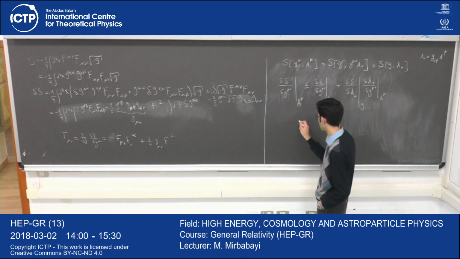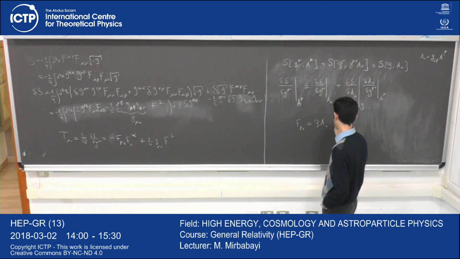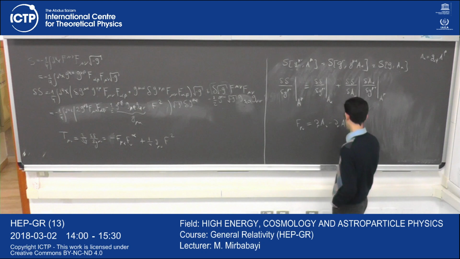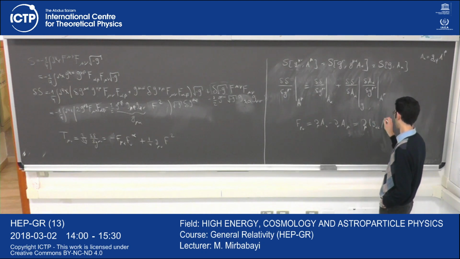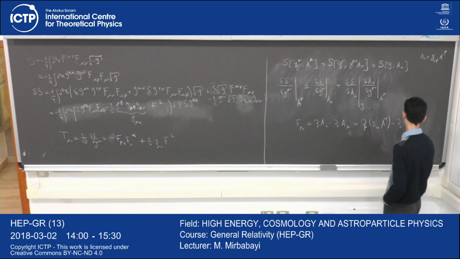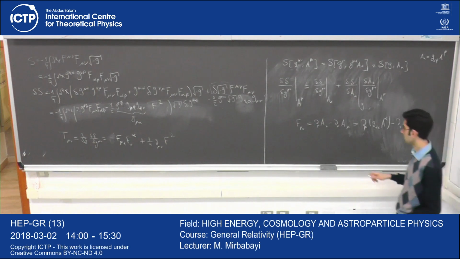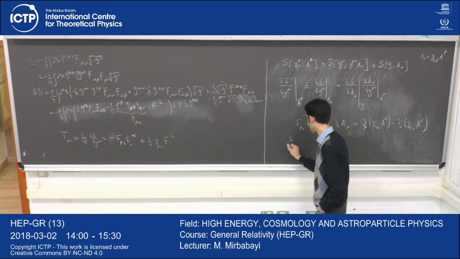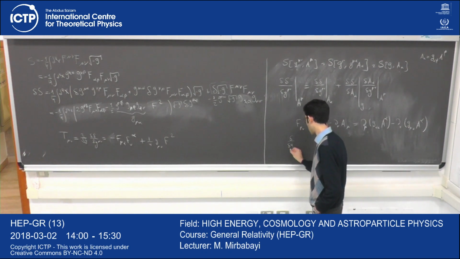So whenever in the action, for instance, you have F mu nu, which is d mu A nu minus d nu A mu, I can write this as d mu of g nu alpha A alpha minus d nu of g mu alpha A alpha. Now I can ask what is the variation of this action with respect to the metric.